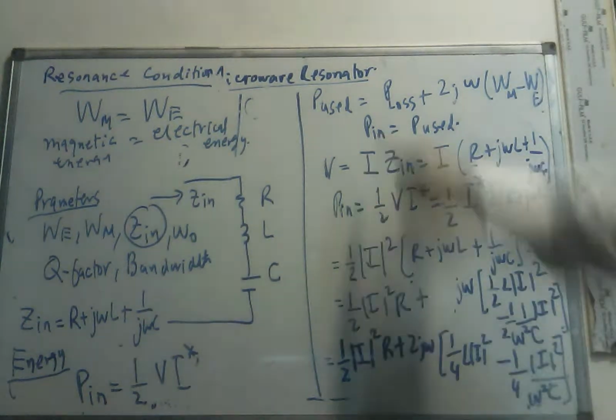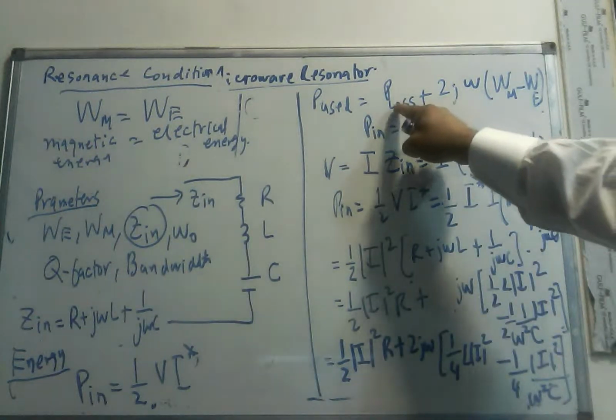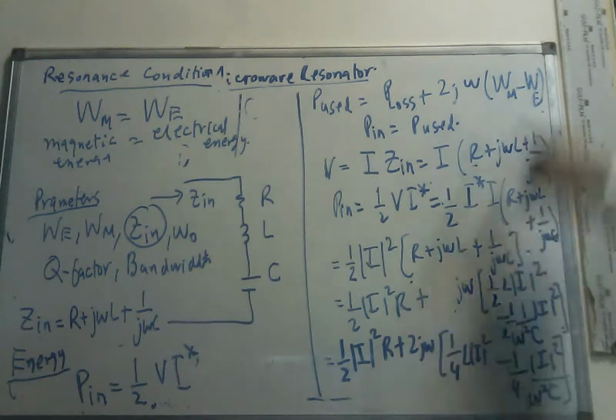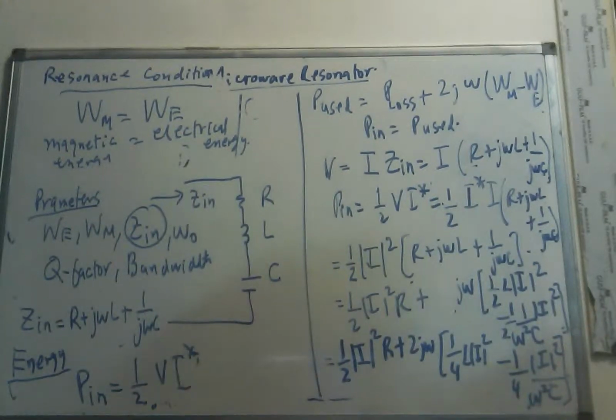Now this power is equal to the other power, so I can know that the loss power is I square R, magnetic energy is 1 over 4 L I square, and electrical energy is 1 over 4 I square divided by omega square C.